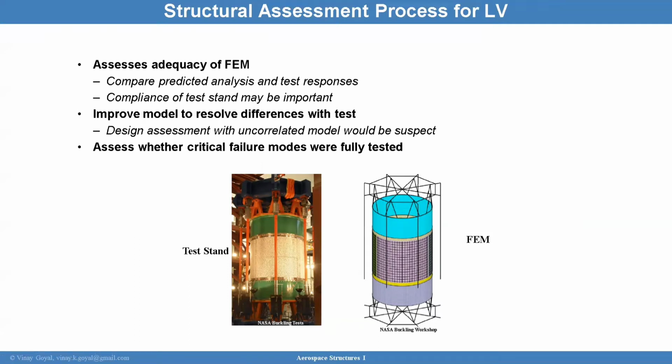You want to assess whether critical failure modes were really fully tested, and that's why you want a good finite element model. Now, there could be differences between the test configuration and the finite element model of the test configuration, and those differences are sometimes driven by the fact that strain gauges could be off in positioning. You could be looking at a hoop strain gauge that was installed on the test configuration, but in the model it could be an axial strain gauge.